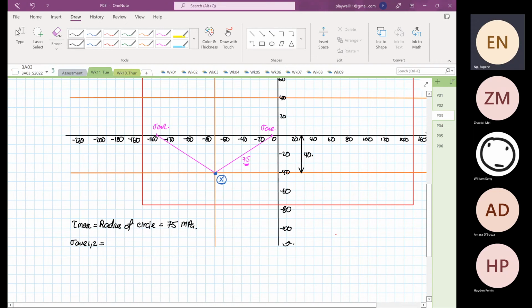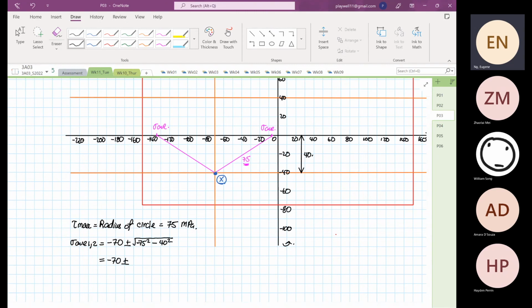So it's equal to minus 70 plus or minus the square root of 75 squared minus 40 squared.